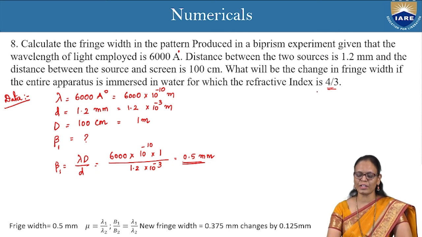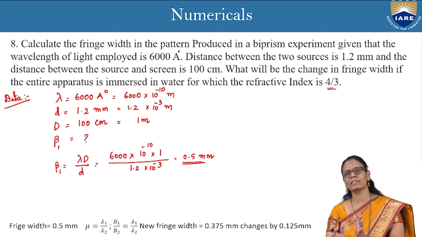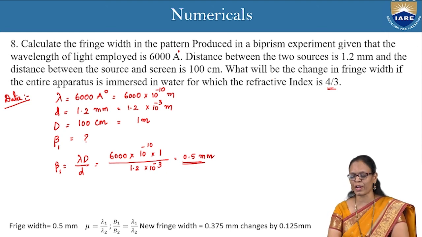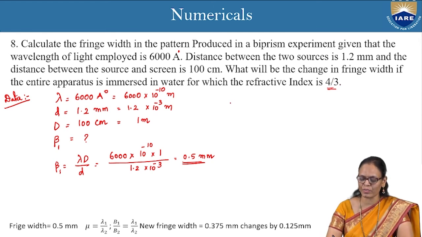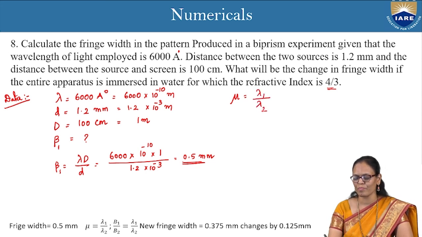Now what we are given here, the entire system is kept in water whose refractive index is 4 upon 3. So when we write refractive index, how it is related to the wavelength is lambda 1 by lambda 2. The refractive index mu is equal to lambda 1 by lambda 2, that is 4 upon 3.